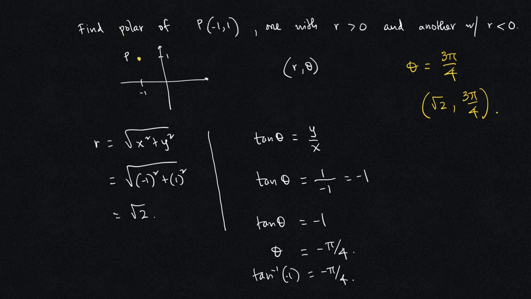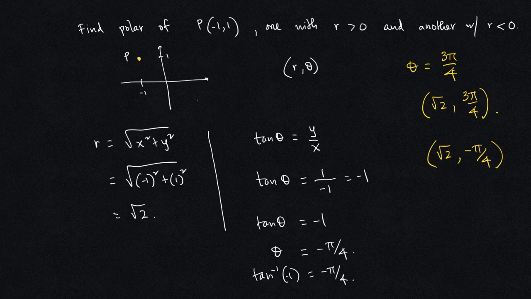To find another point with the negative radial coordinate, first we pretend to go to the point opposite to the point P, which is in the fourth quadrant, and that point has the coordinate (square root of 2, negative pi over 4) to make it easy. But remember that we want the negative radial coordinate.